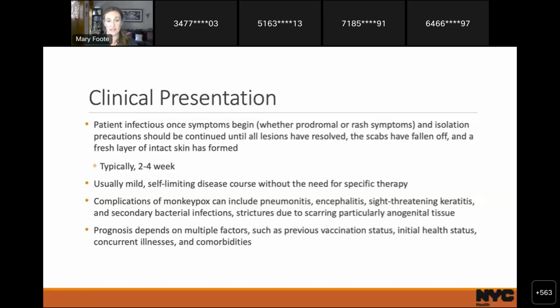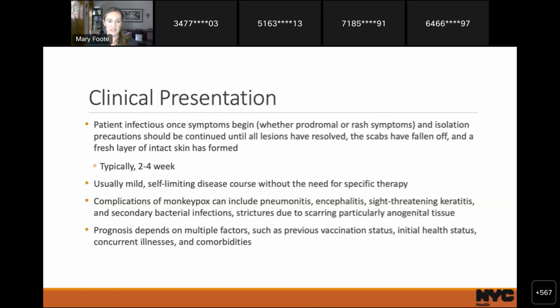Some complications that have been reported more in previous outbreaks in Africa can include pneumonitis, encephalitis, sight-threatening keratitis, and particularly secondary bacterial infections, which have been a cause of mortality in previous outbreaks. We also have a risk of significant scarring from the lesions, which can cause complications, particularly if there are strictures or scarring in the anogenital tissue.